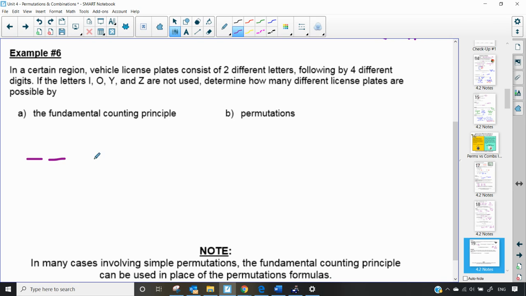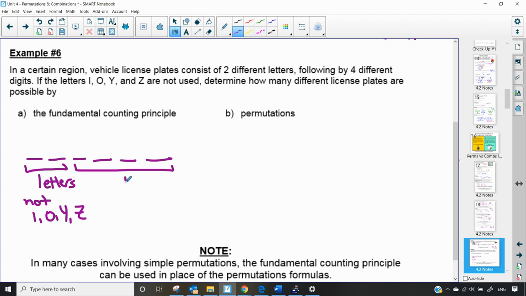So again, you start by drawing out your blanks. There's the 2 letters and the 4 digits. And then write out what your restrictions are. So these here have to be letters, and we're not going to use I, O, Y, or Z. And these ones over here are numbers, anything from 0 to 9.